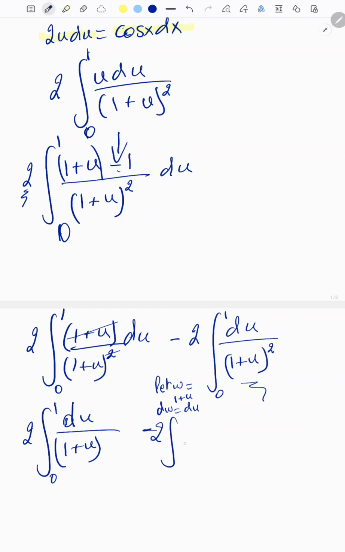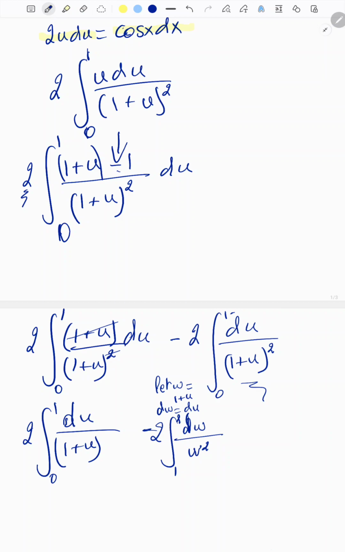Instead of du, I can write dw divided by, we said w equals 1 plus u, divided by w squared. And if I want to find the boundary, when u is equal to 0, w is equal to 1 plus 0, which is 1. And when u is equal to 1, 1 plus 1 is equal to 2, because w is equal to 1 plus u.